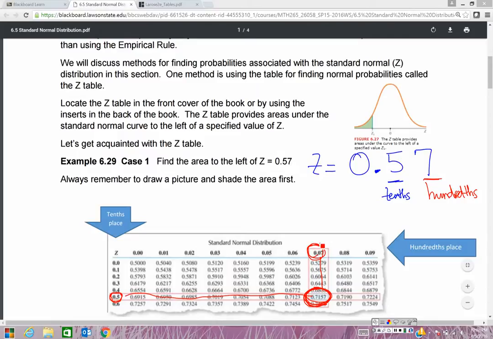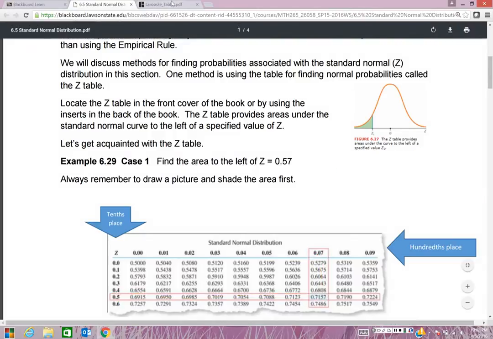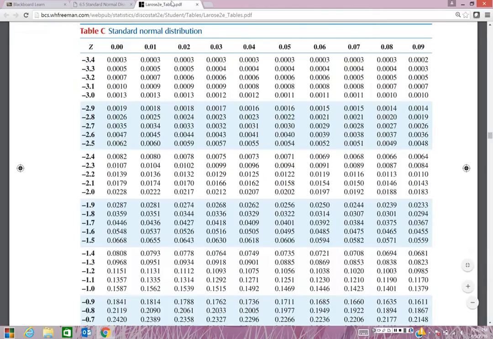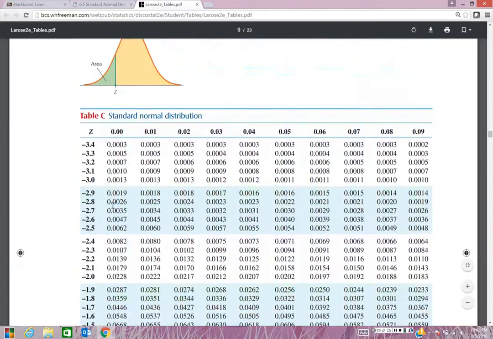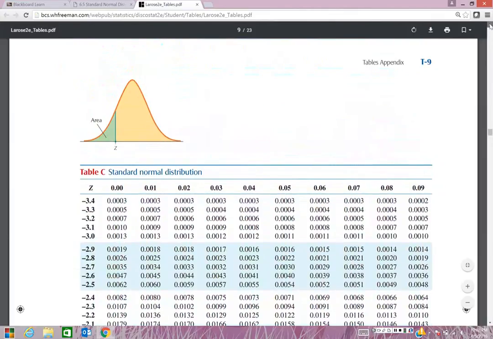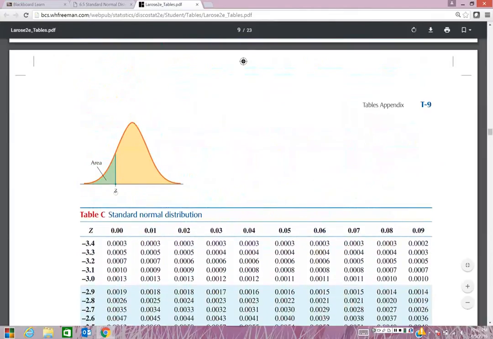Alright, I forgot to mention that if we look carefully at these tables that I'm showing you here, these tables only represent the numbers that you see here. So all of these numbers only represent the areas that are to the left of some z.